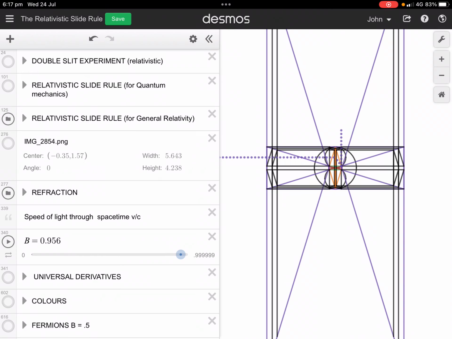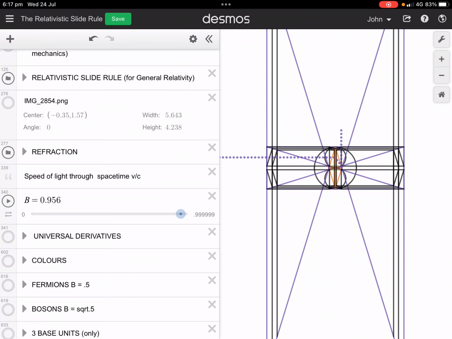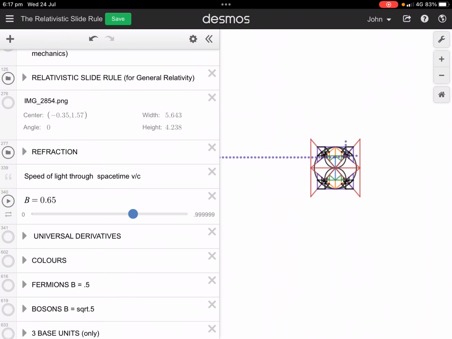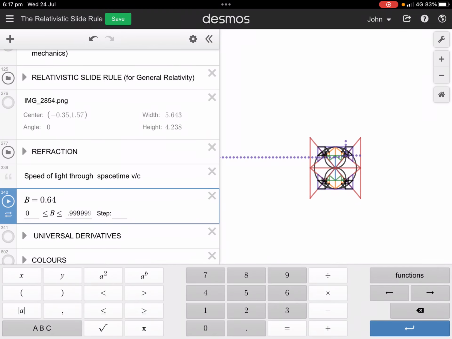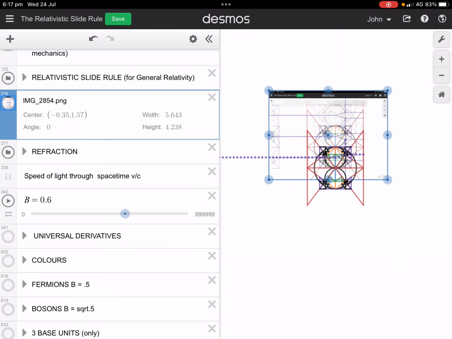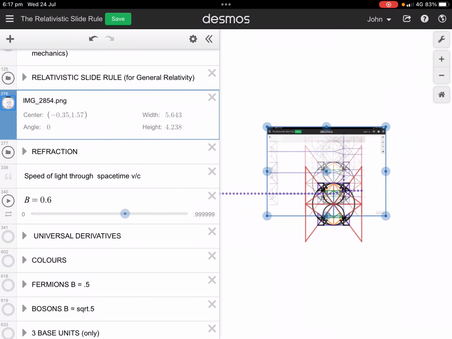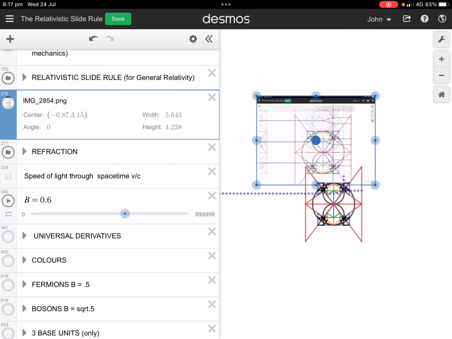And so I'm imagining that the relativistic slide rule basically replaces Schrodinger's wave function. So the relativistic slide rule is the wave function, and because it's a wave function, it can be in superposition with itself. So you just add other wave functions.